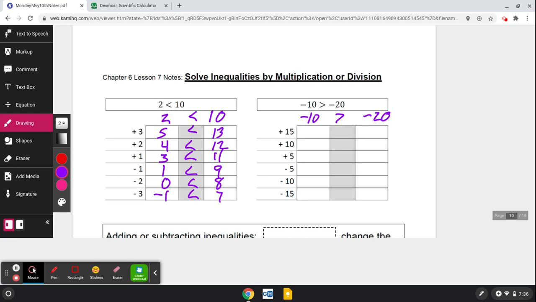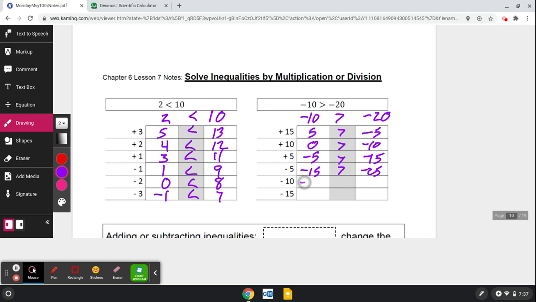So if I add 15 to each of these, I get 5 is still greater than negative 5. If I added 10 to it, I would get 0 is still greater than negative 10. What about if I add 5 to it, and negative 5 is still greater than negative 15? If I took 5 away, I'd end up with negative 15 is still greater than negative 25.